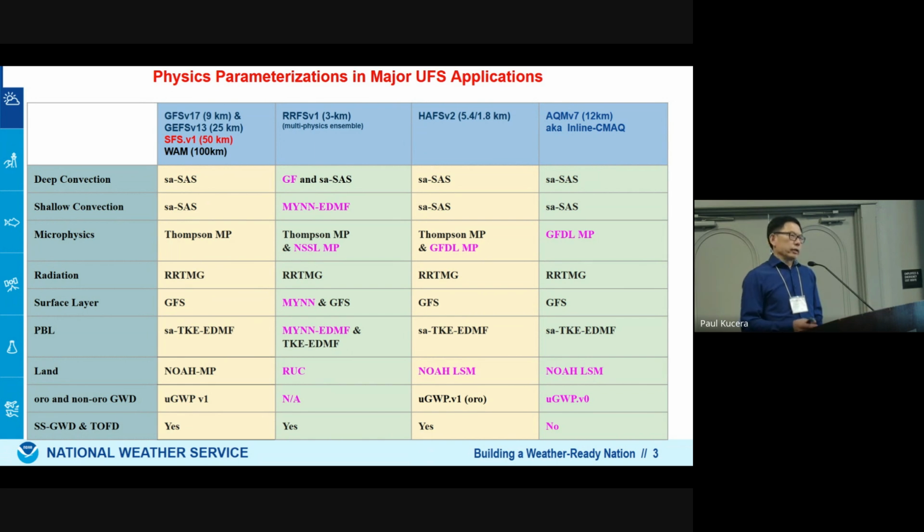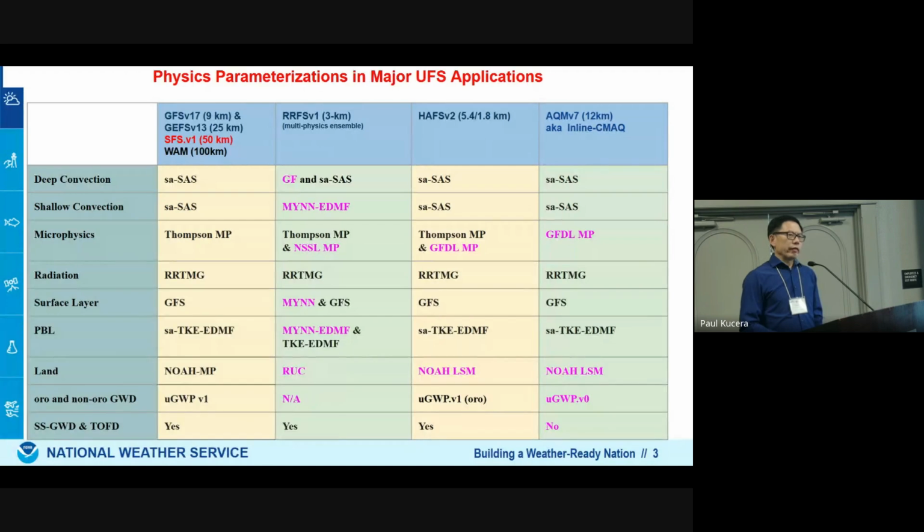Compared to the global application, the only difference really is the land surface model. We are in the process of installing and actually testing Noah-MP for the HAFS application. I have one slide to show that later.